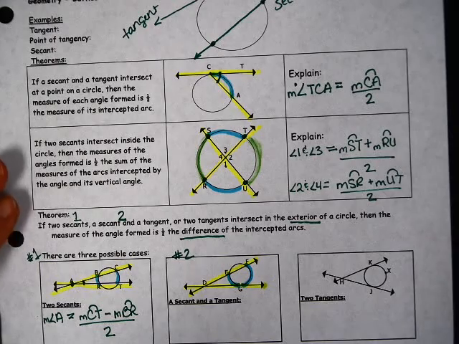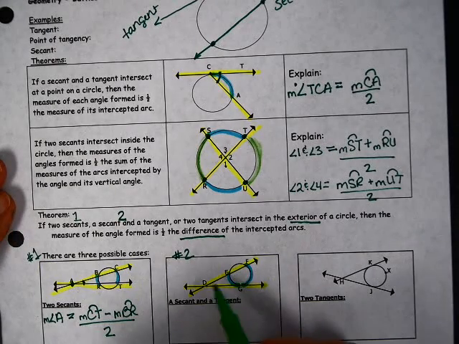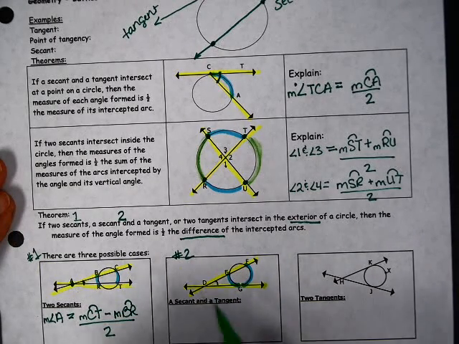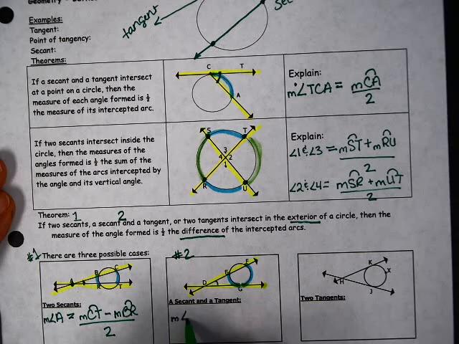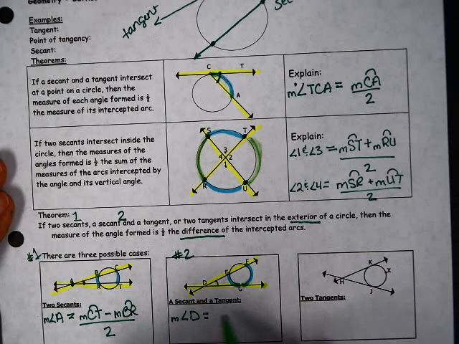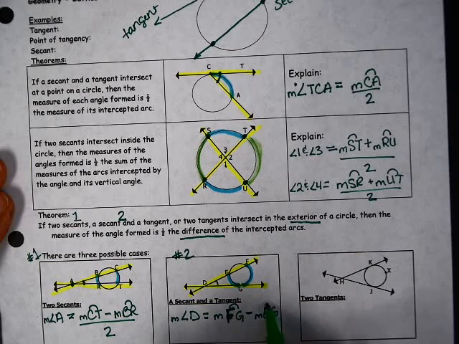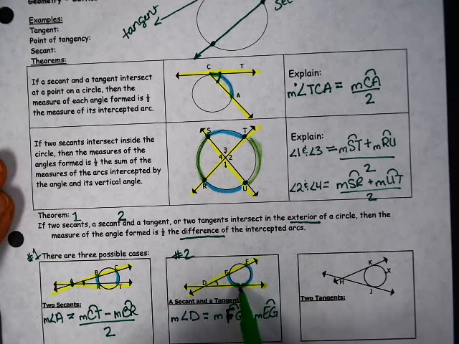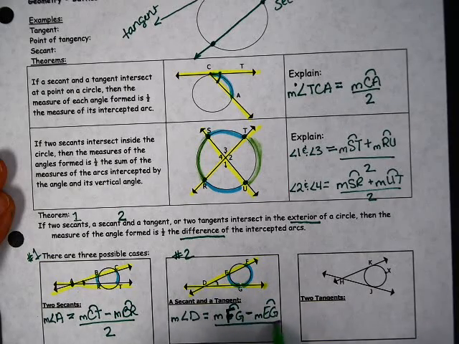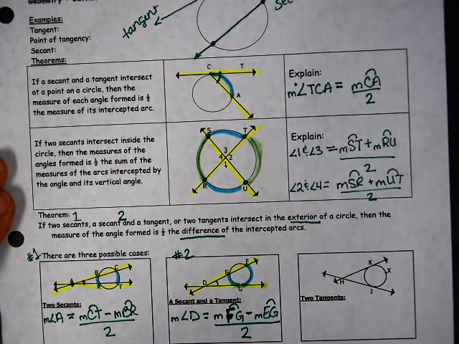We would subtract those 2 arcs and divide them in half to get the measure of angle D. So the measure of angle D is equal to the measure of arc FG minus the measure of arc EG. You do want to put FG first because that's going to be the larger arc, and you do not want a negative answer. You have to have a positive answer for that.